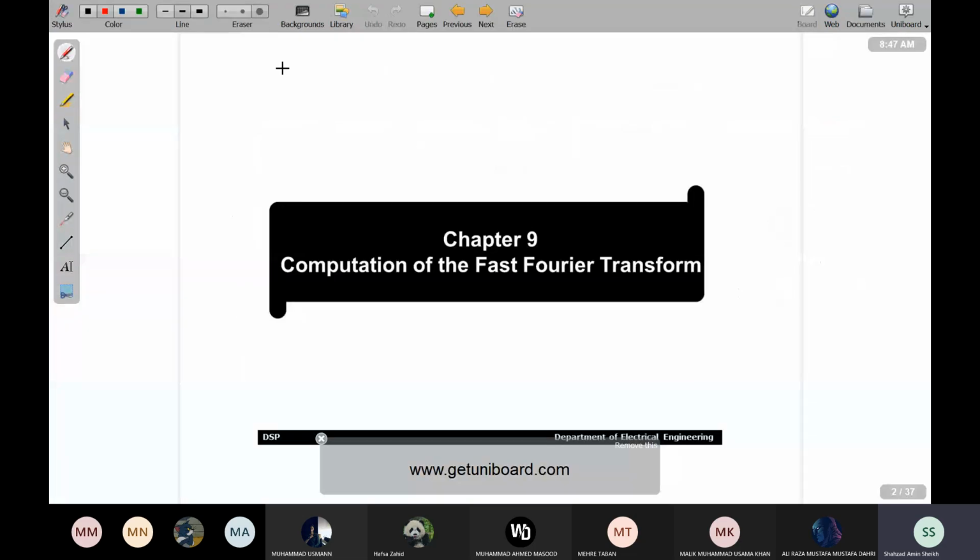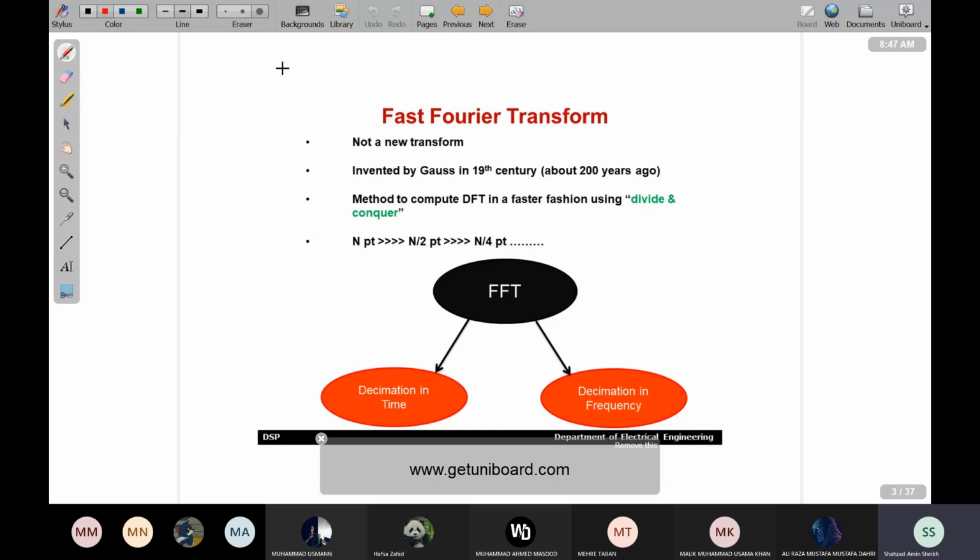Okay, ji, Bismillahirrahmanirrahim. Yesterday we started computation of fast Fourier transform, which is chapter 9 of your book Oppenheim and Schafer. And we started with the discussion that it's not a new transform, rather it's a way of computing the DFT in a faster fashion.